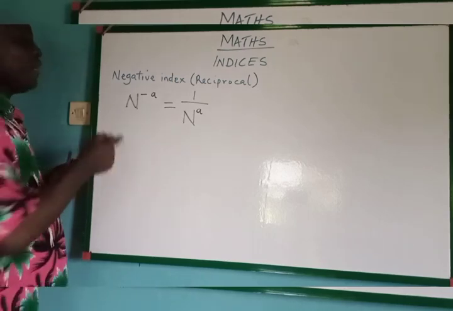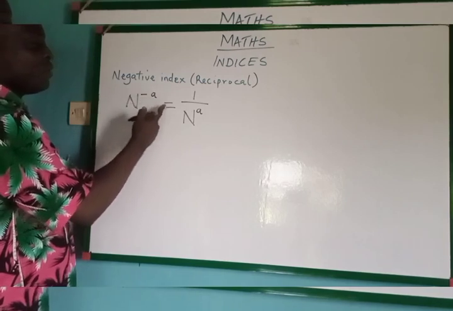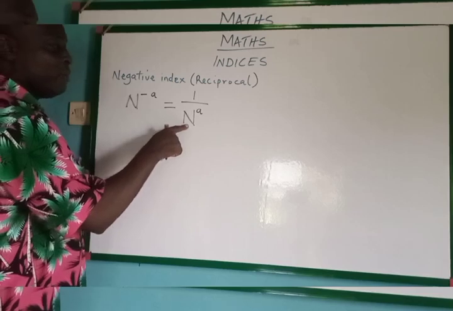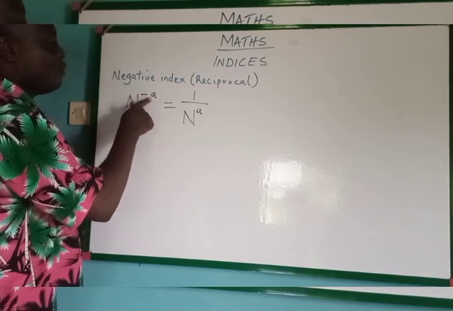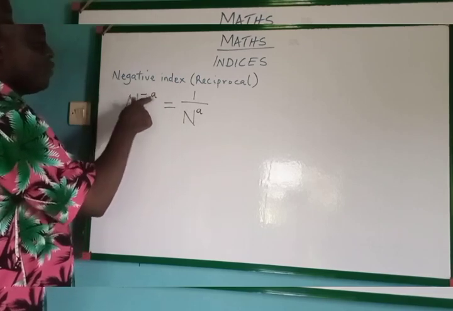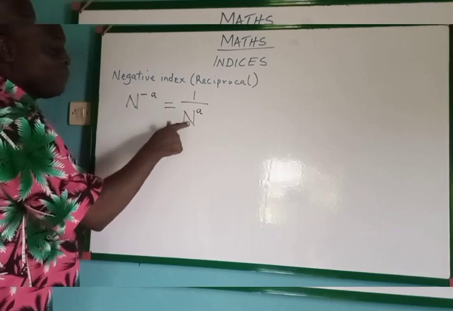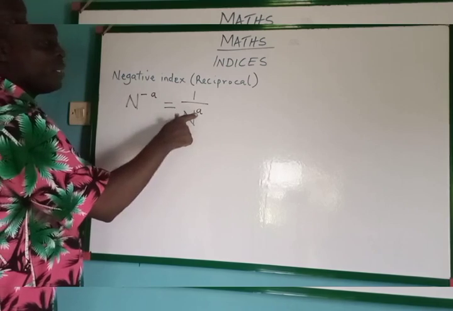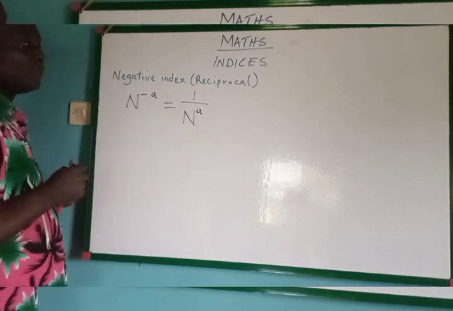So if a number is raised to a negative power, it is equivalent to 1 all over the number raised to the power. Meaning, once you move n raised to power a to the denominator part of the fraction, the sign, which is negative, will change from negative to positive.